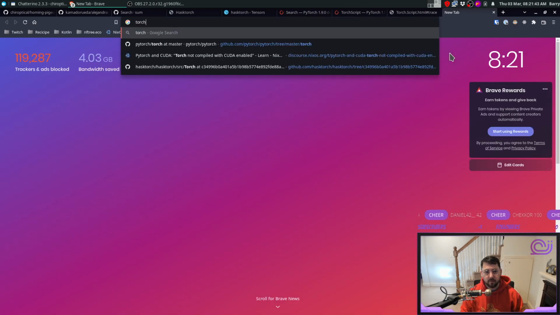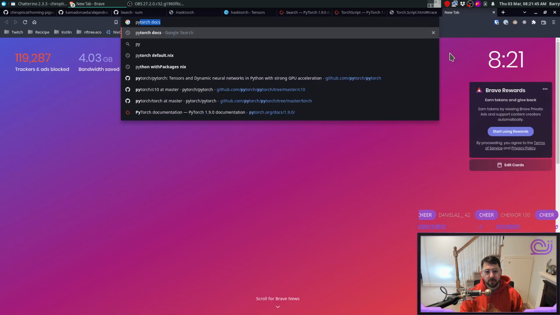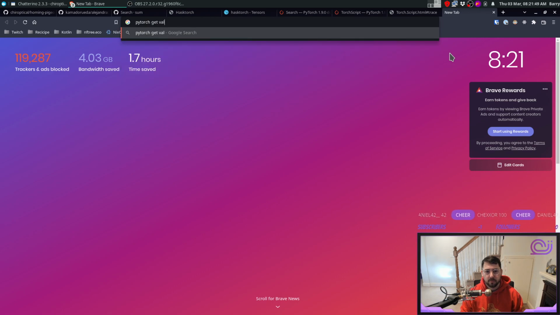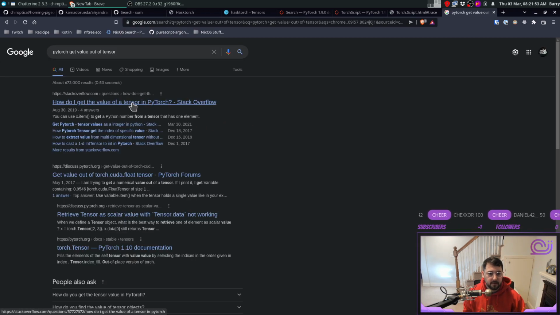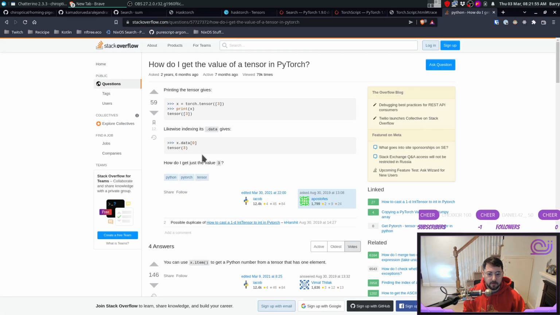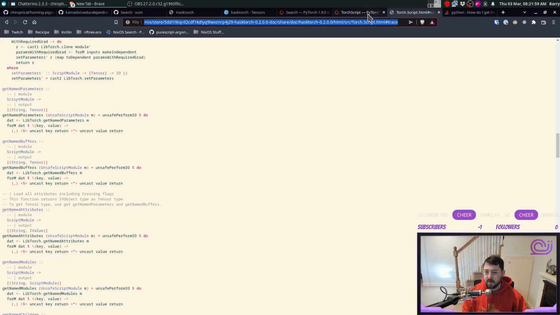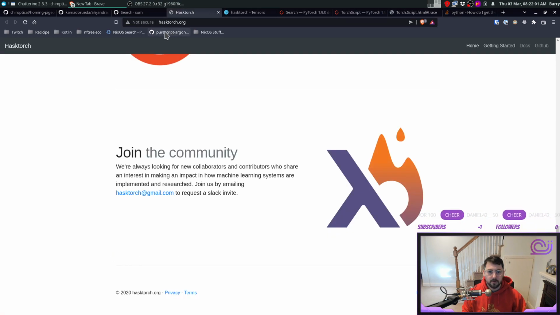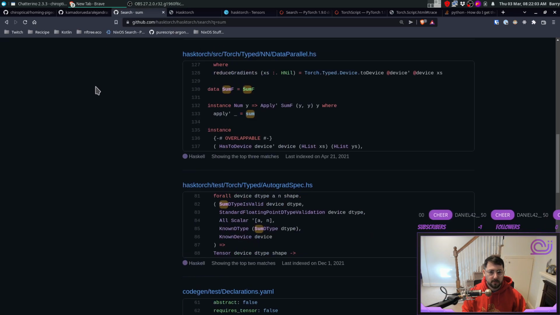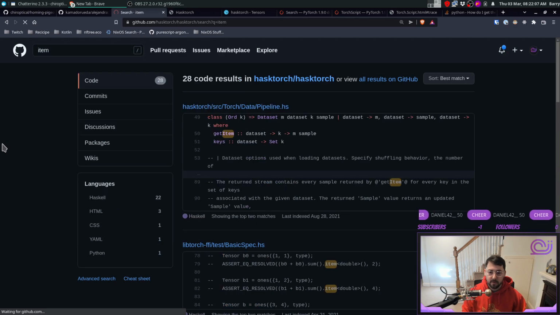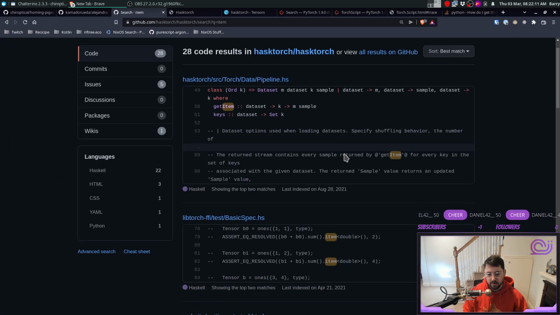So, PyTorch get value out of tensor. How can I get the value of a tensor? Item. So let's see if there's item in here. This is going to be a bit like this sometimes. I don't really have any option otherwise.